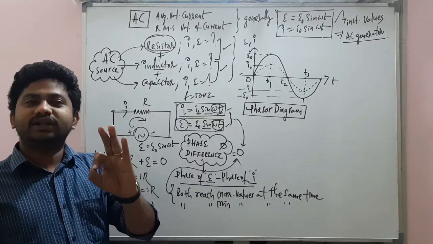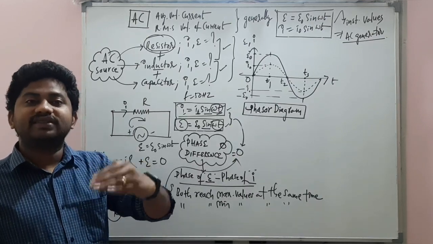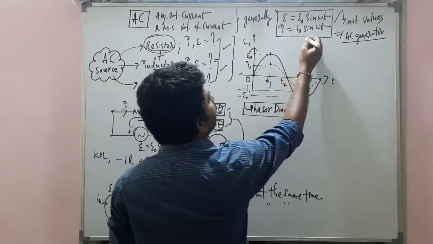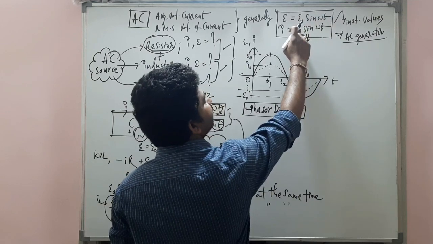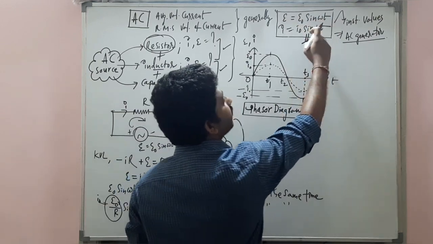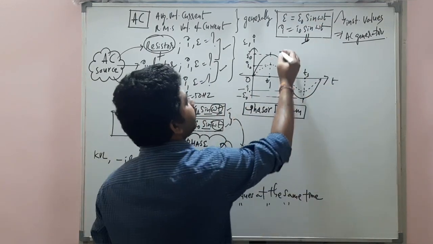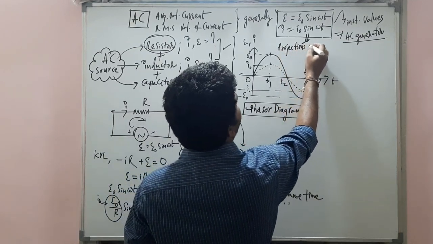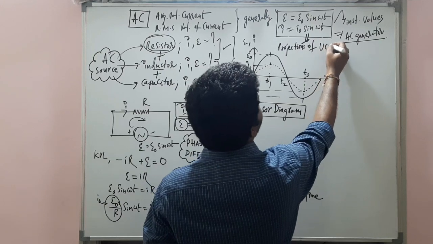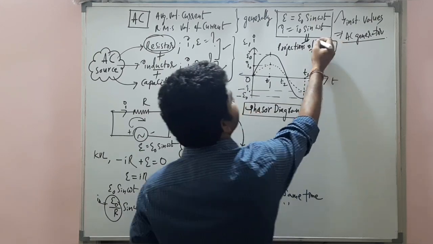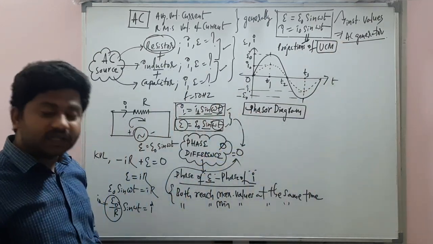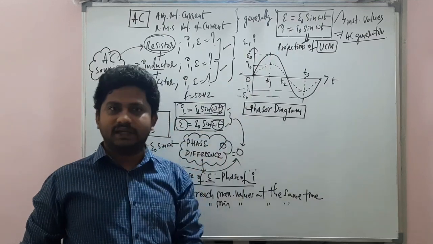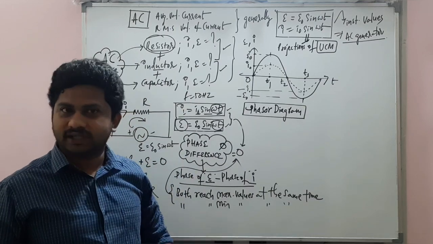Any quantity varying sinusoidally can be represented, that means the variation in these values can be represented, with the projections of a uniform circular motion. What exactly is meant by the projections of uniform circular motion? I'll discuss. Don't worry. Listen, one second.